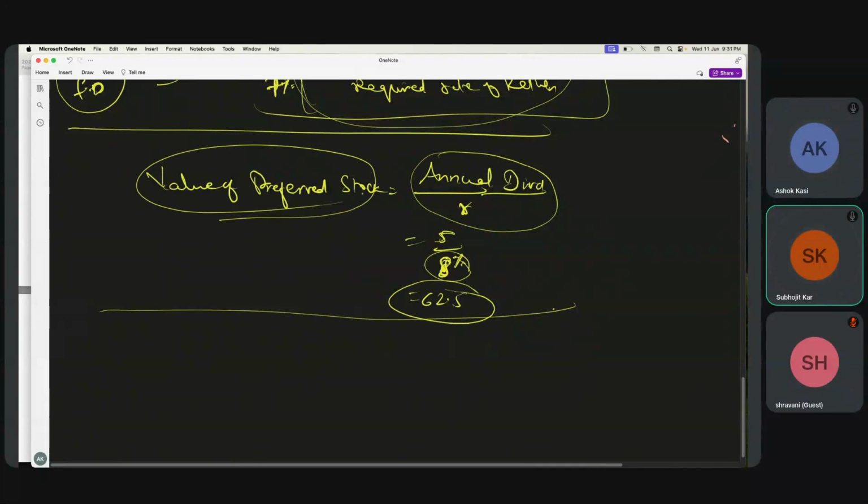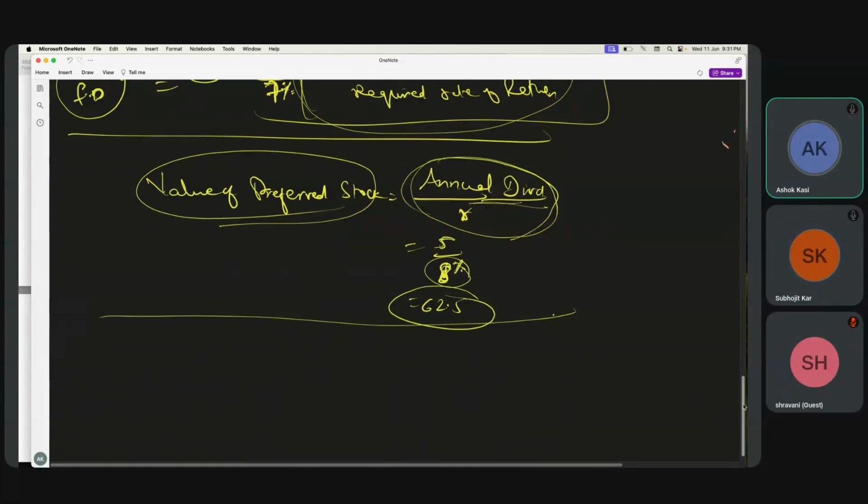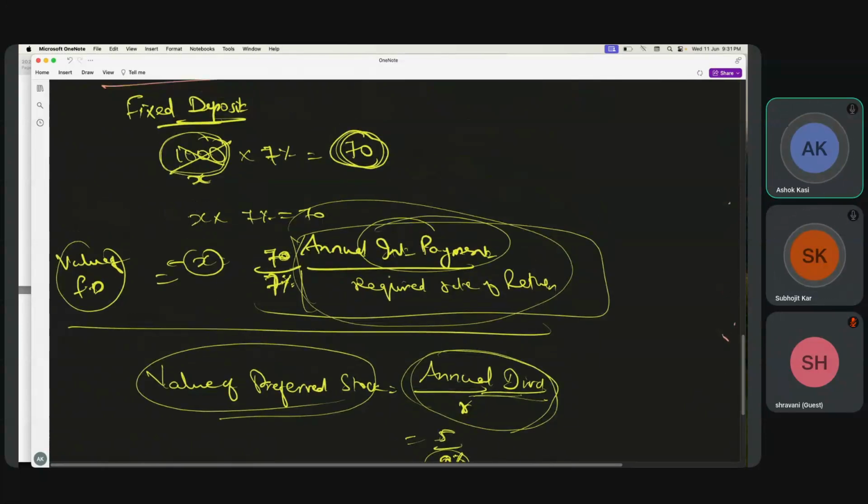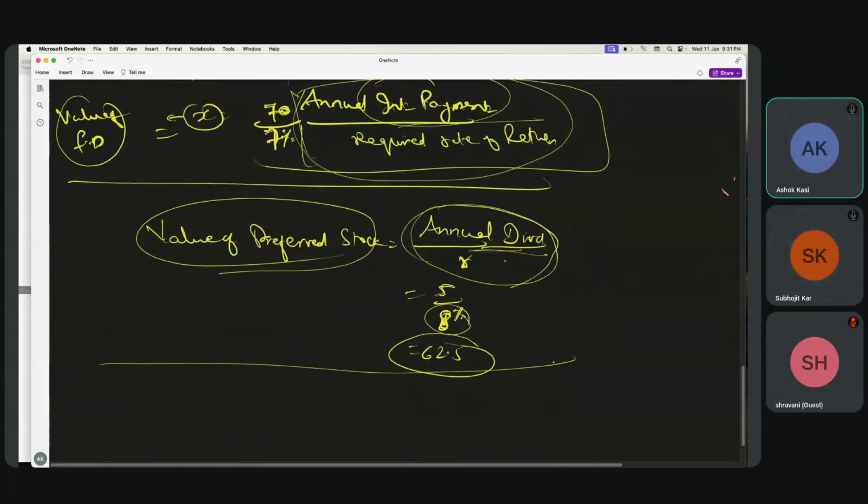When it is perpetual, we use annual dividend or interest divided by R. If it is a bond, it is interest; for the fixed deposit I used interest divided by R. So the general expression is annual payment divided by R. That is for the value of a perpetual stock.